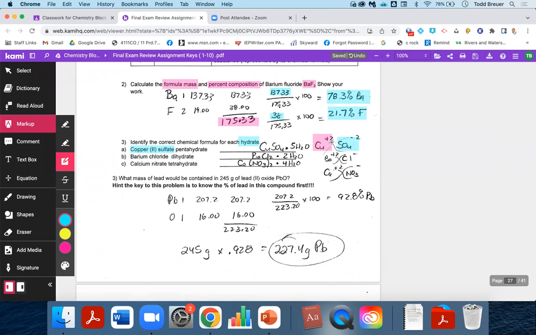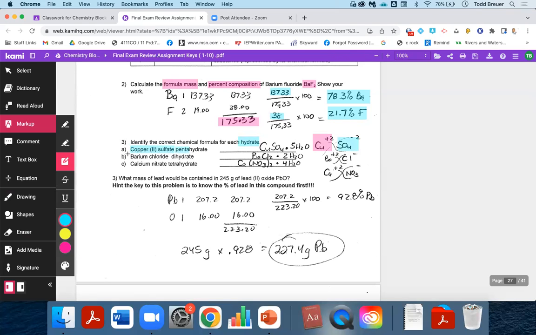So we see that the +2 and the -2 cancel each other out. CuSO4 would be the symbols for the formula for the ionic compound. And then the hydrate, well, look, this says this is a pentahydrate, which means there are 5 water molecules loosely attached to this. So dot 5H2O, and we have the chemical formula.